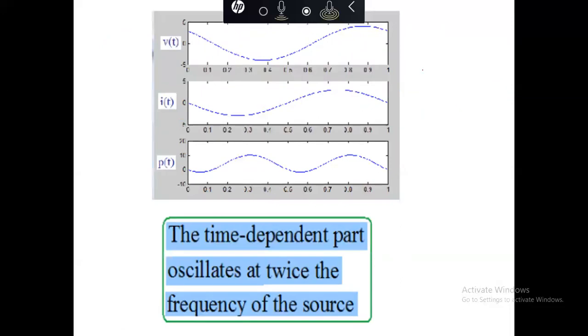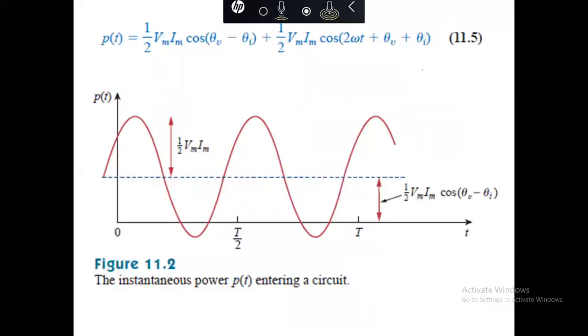So that is twice the frequency of oscillation of the power. And how we can express this: the period of the instantaneous power is reduced from T to T by 2, and that constant term shifts the power up. So this is the time independent part which is given here.